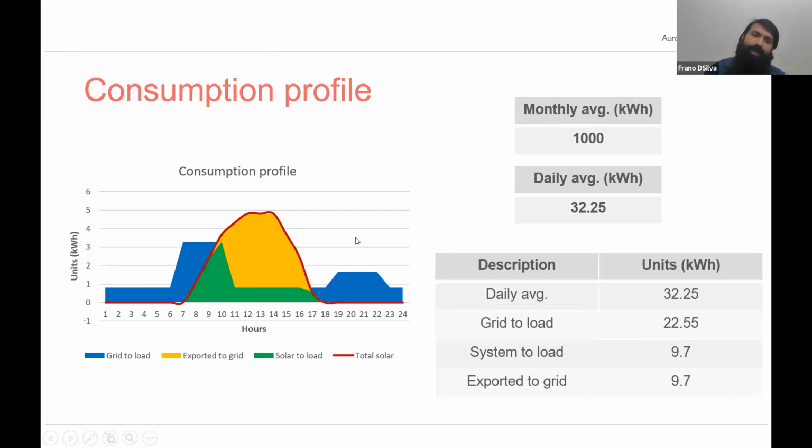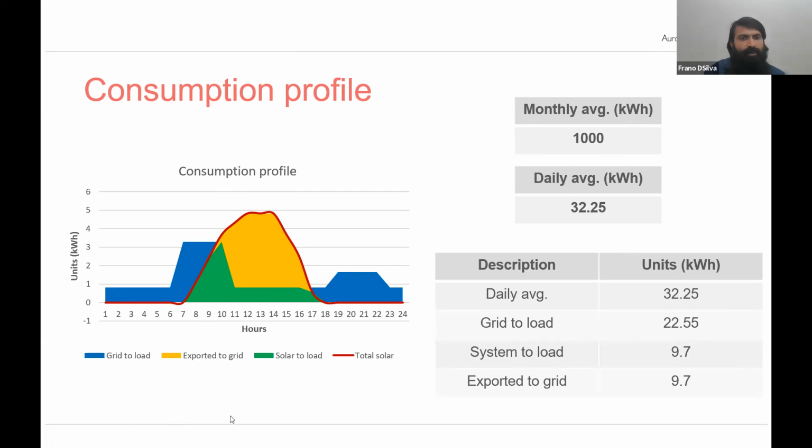When a solar panel is installed for this load profile or for this consumption profile, as we can see from the graph, the red line indicates the total solar energy generated from the solar panel. That is, the area under the red curve is the total solar energy that is generated in 24 hours from the installed PV system or the solar system.